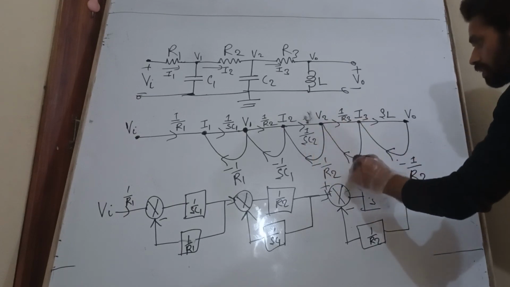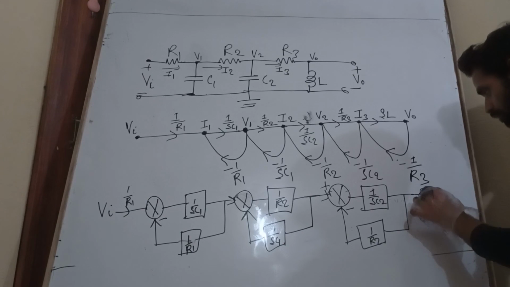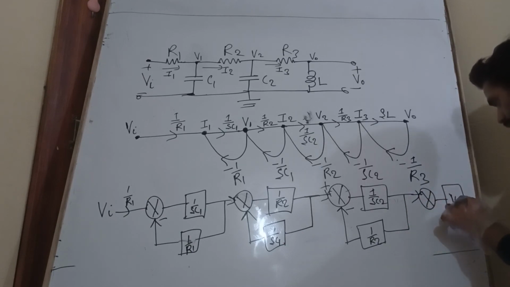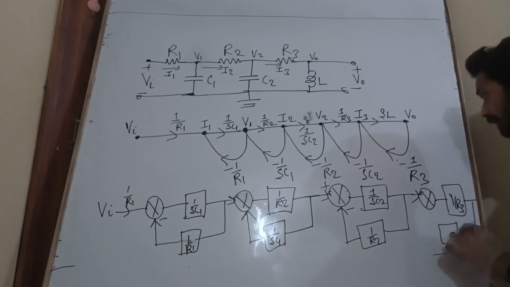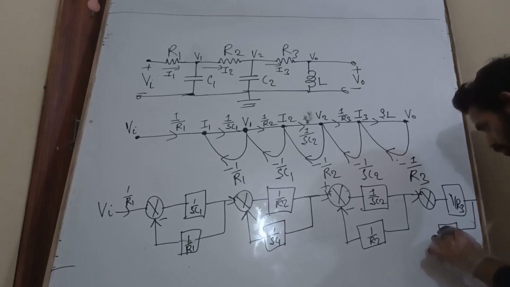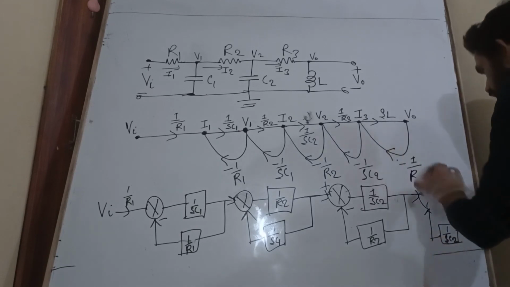Similarly, next one is R3, applying to the summer, with gain 1 by R3, and here the negative feedback is 1 by SC2.